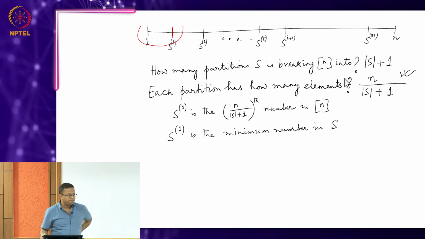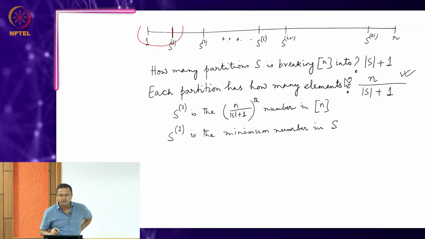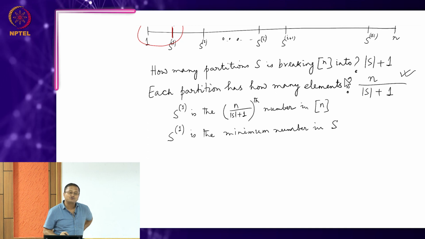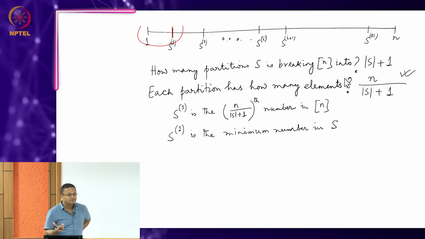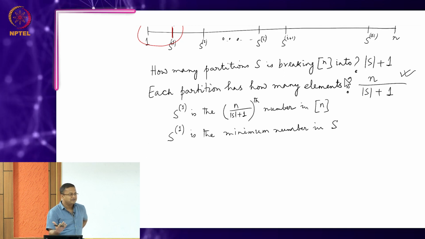Fine. What does S1 being the minimum number in S mean? S1 is also the minimum number in the stream, because the stream is only formed out of numbers in S.